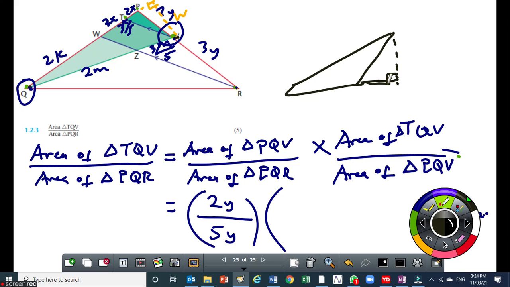And the height is always perpendicular to the base. This height is perpendicular to PQ, therefore it's also perpendicular to TQ. So thank you, Taomo, it will be TQ. But our TQ now, we need to write it in terms of K, because QW is 2K, TW is 3X, it's also equal to 3K over 5.